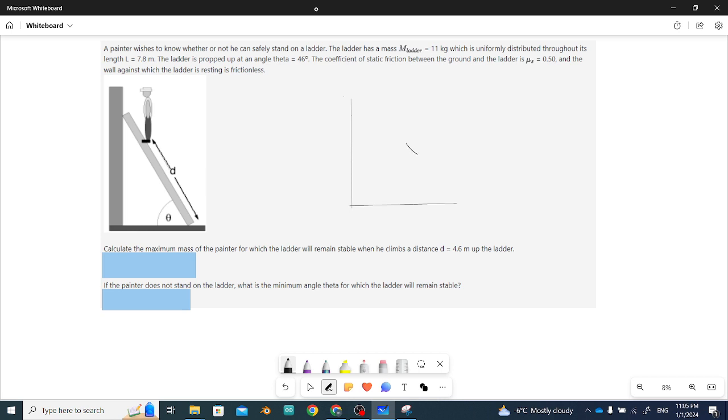And we have that. We have this angle here. This is 90 degrees, let's see. And let's draw him as a ball or something, just to make it easier for us.